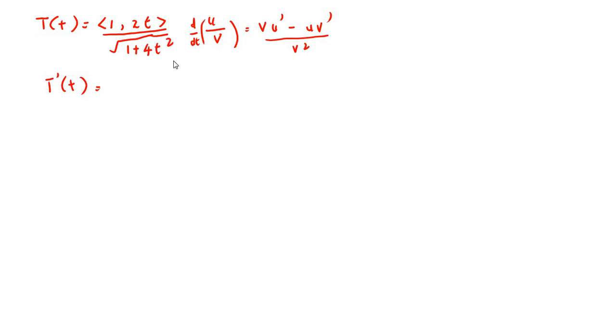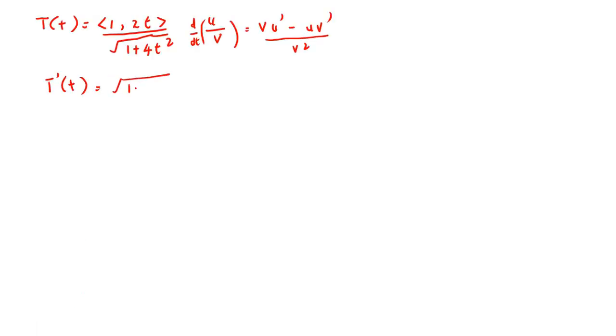So v is the square root of 1 plus 4t squared. u is i plus 2t j, and to differentiate it, differentiating 1 is 0, differentiating 2t is 2, so we get 2j. Then minus u, which is i plus 2t j, multiplied with v', which means d/dt of the square root of 1 plus 4t squared.